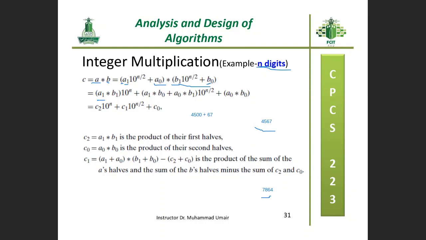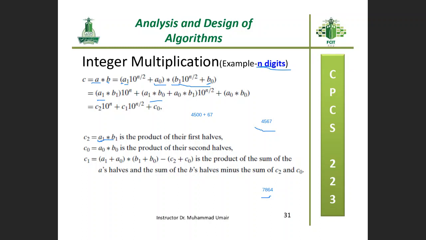So this approach is called the divide and conquer approach. And again, the same expression can be rewritten as A1 into B1. This is the same formula, but now A1 is not a single digit, it is the half group of the digits of the original number. Similarly, B1 is the collection of the half digits of the second number, and so on.